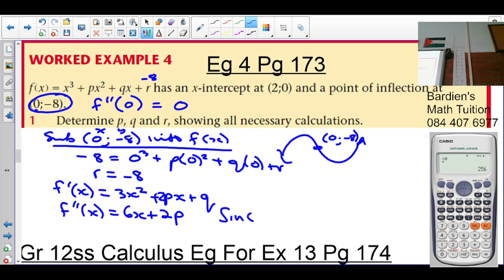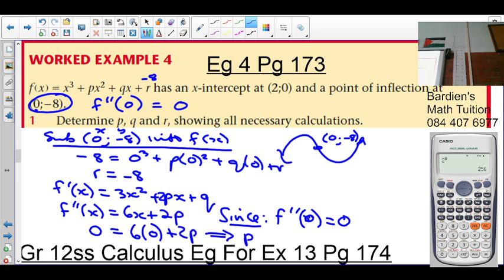We say since f double dash of 0 is equal to 0, so 0 is equal to 6 times 0 plus 2p, which implies that p is equal to 0 if you solve for p. So your r you got and your p you got.